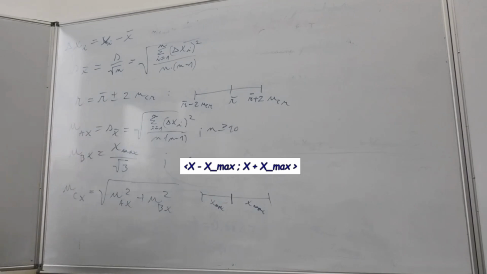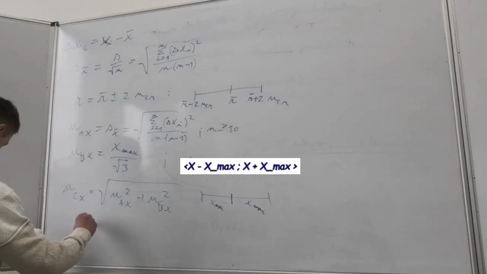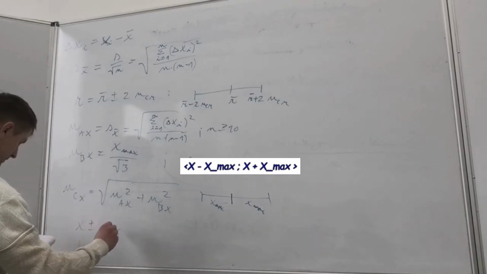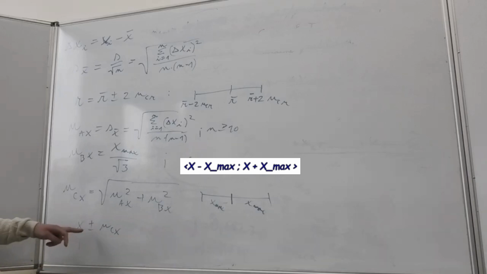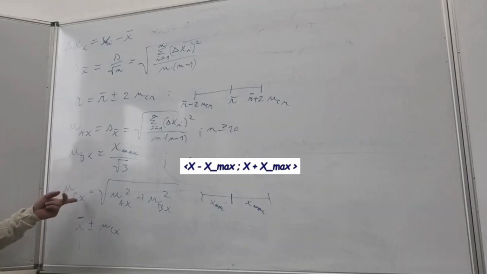In practice, you will almost always have this condition approximately fulfilled. And as I mentioned in this entry, if you have a combined standard uncertainty, you have a confidence level of approximately 68.27% that the true value of x lies within this interval.